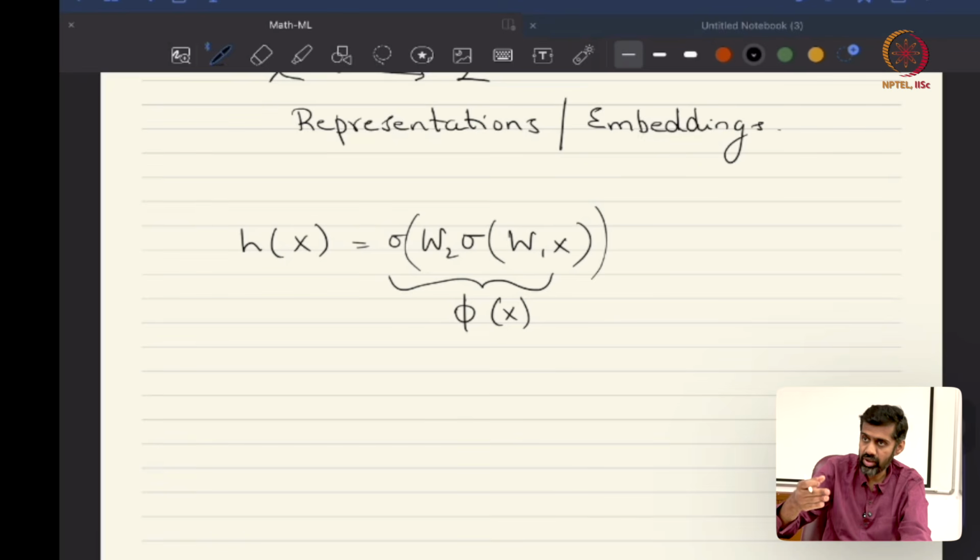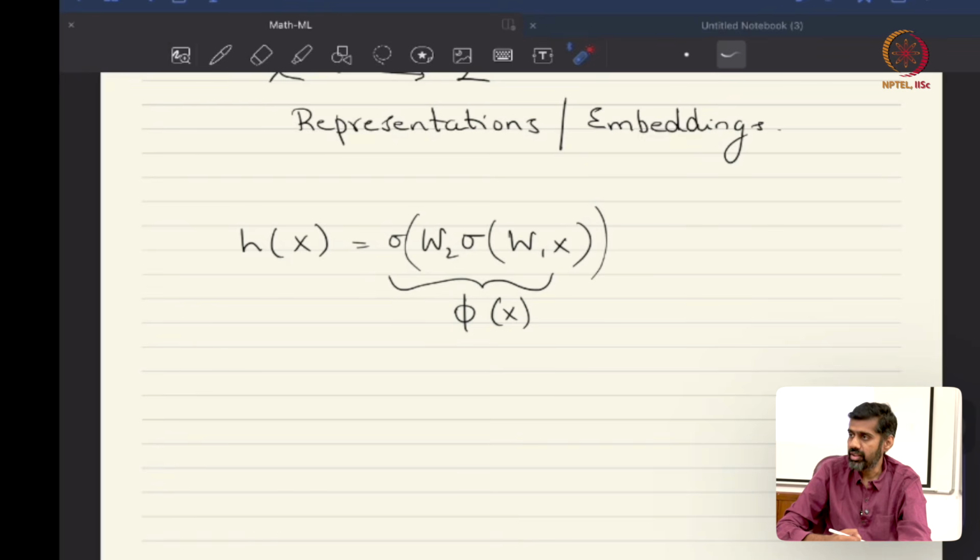Any composite function for that matter, especially the neural network, can be seen as hierarchical representation or embedding learning. Okay. Now, the difference between, let us say, a kernel machine or an SVM and the neural network is that in classical frameworks such as transforms or even SVMs, we fix the transformation.